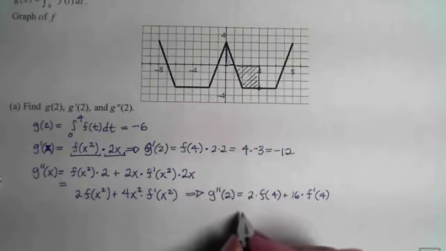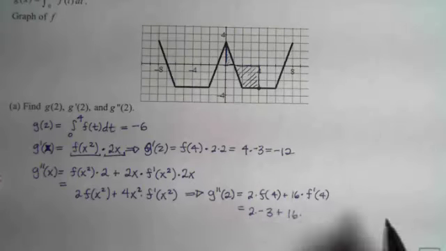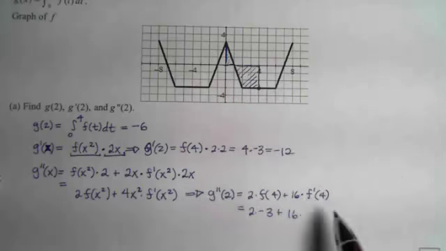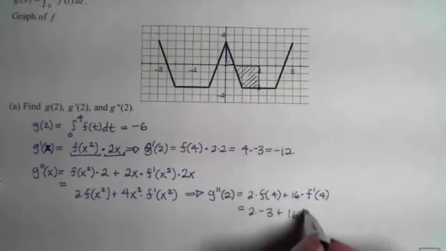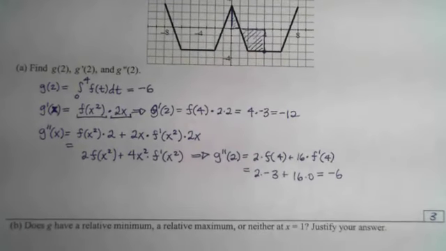That's a -3. And I can see that the slope at 4 on f is going to be 0. So I end up with a second derivative value that is -6. That is worth 1 point apiece, so 3 points in all.